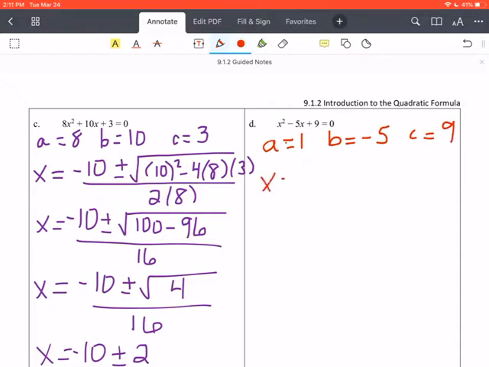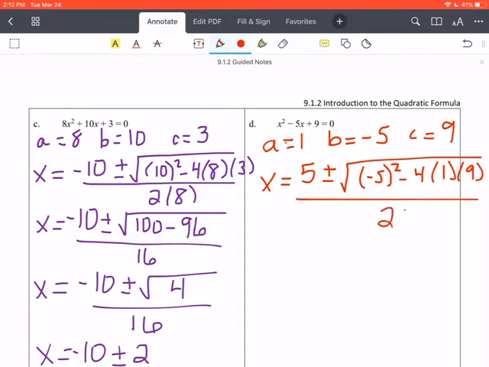I have x equals, what's the opposite of negative 5? Positive 5, plus or minus the square root. I'm putting that negative 5 in the parentheses before I square it, minus 4 times 1 times 9, all over 2 times 1. X equals 5 plus or minus the square root of negative 5 squared is 25 because the negative gets squared as well.